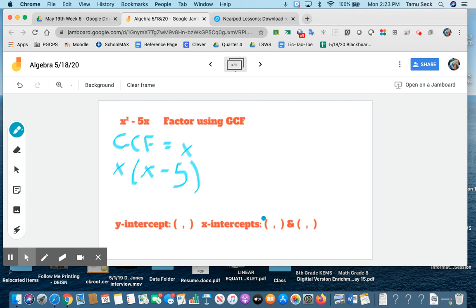Now, if I wanted to find the x and y intercepts, the x-intercept is when all this is equal to 0. So that means x is equal to 0 or x minus 5 is equal to 0.